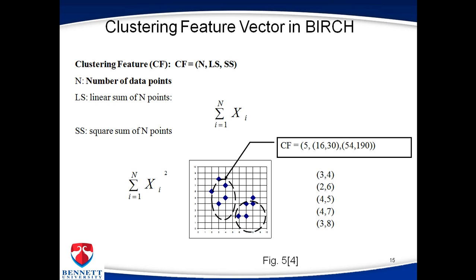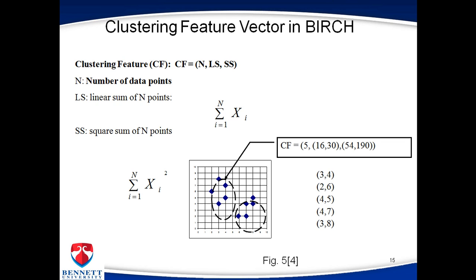We have N, the number of data points; LS, the linear sum of the data points, the sum of xi from 1 to N; and SS, the square sum of the points, the sum of xi squared from 1 to N. Take the data points (3,4), (2,6), (4,5), (4,7) and (3,8). So CF has 5 data points, so N is equal to 5.